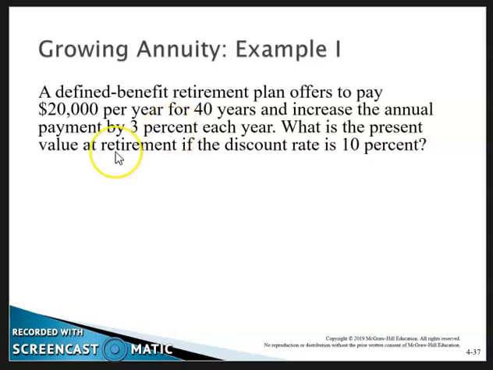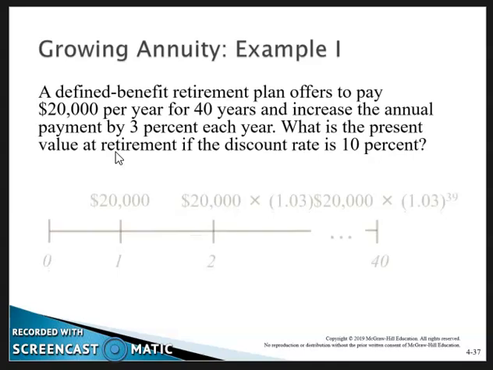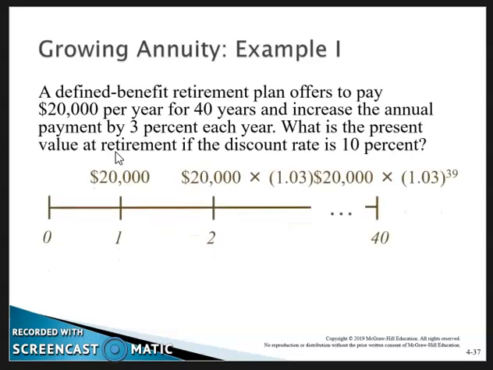What is the present value of the retirement if the discount rate is 10%? Again, $20,000 growing at 3%, so 20 times 1.03 in the second year, 20 times 1.03 to the 39th power in the 40th year.